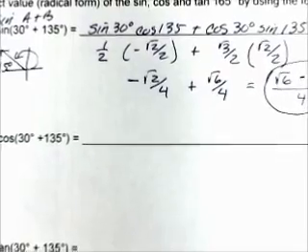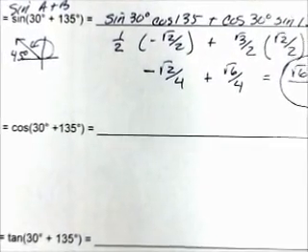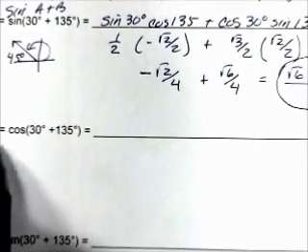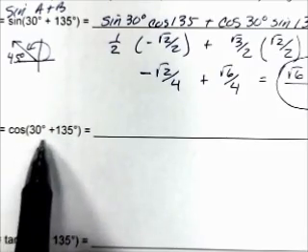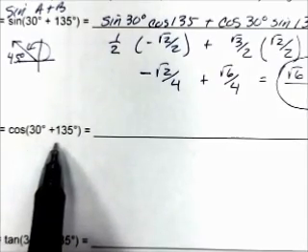Next, the cosine of 165 degrees. 165 can be written as a sum of 30 and 135.